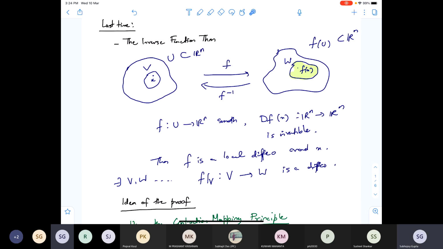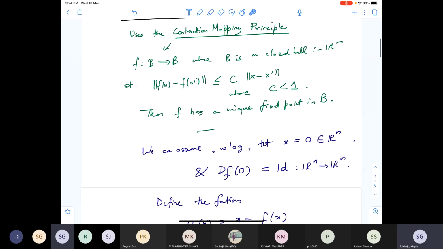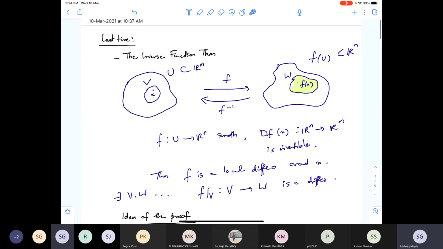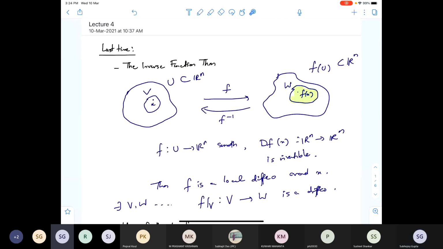So this is actually the most important step. The next step, which I won't do, is to actually prove that this map f inverse that we constructed this way is smooth, and that depends on the fact that f we know is smooth.